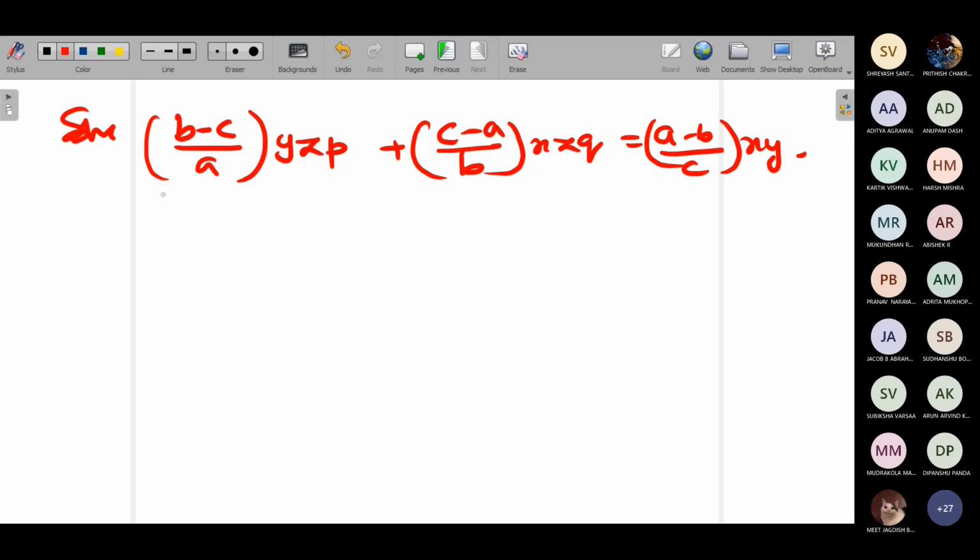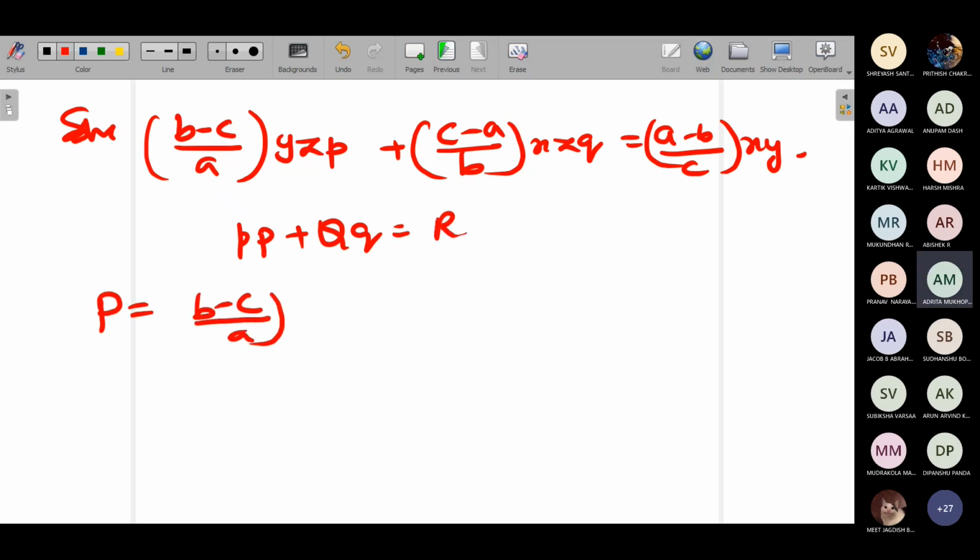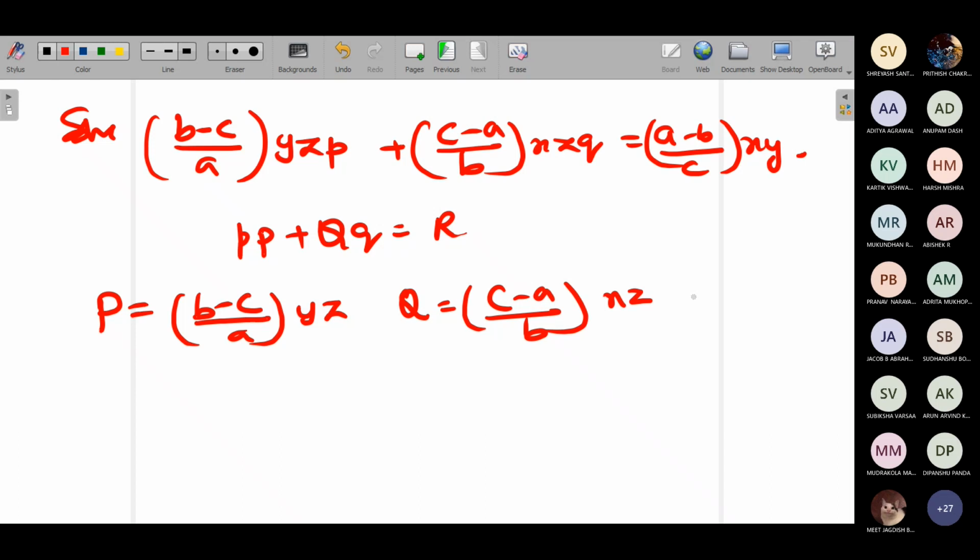Okay. So this is of the form Pp plus Qq equal to R. So your capital P is (b minus c) by a into yz. What is your capital Q? (c minus a) by b into xz. What is your R? R is (a minus b) by c into xy.